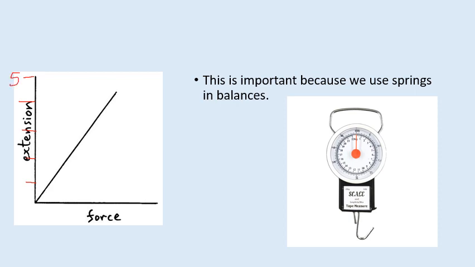If we found that a mass ended up being 3.5 centimeters long, we could use the line of best fit to measure across and then measure down, and it would tell us what the force is, which means we could know the weight of the object, because weight is a type of force.